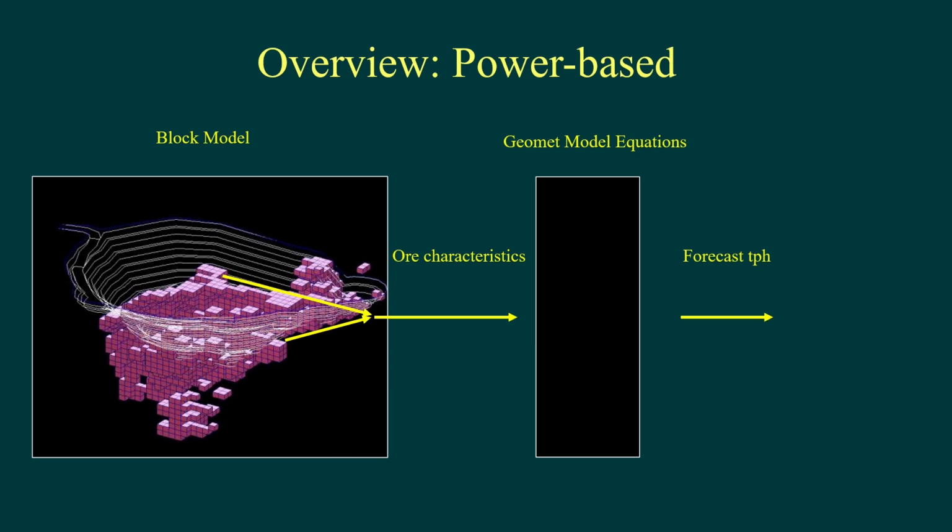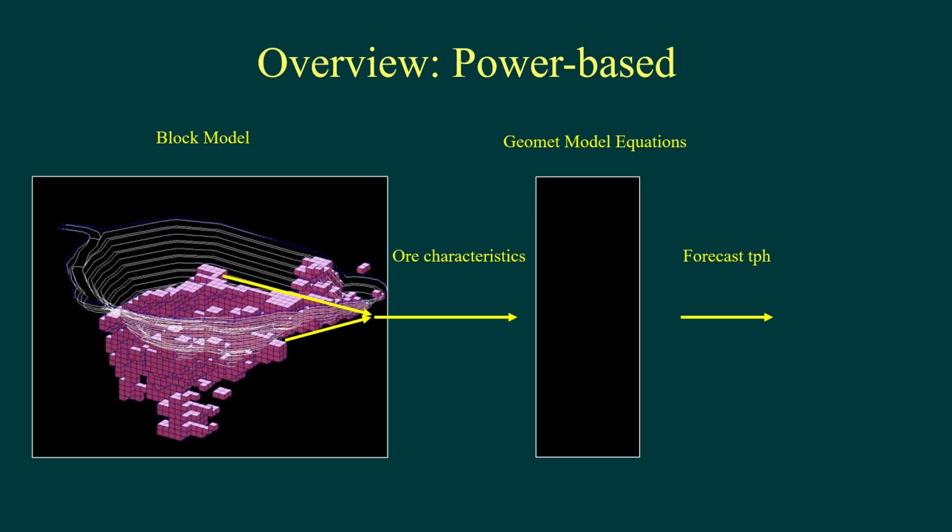There are two broad approaches to comminution modelling in geomet models. They both, as we'll see, effectively reduce down to the same thing. We need for our model all characteristics, and that information is provided from a block model, and we can see here on the left a pit outline, and that's been divided up into blocks.